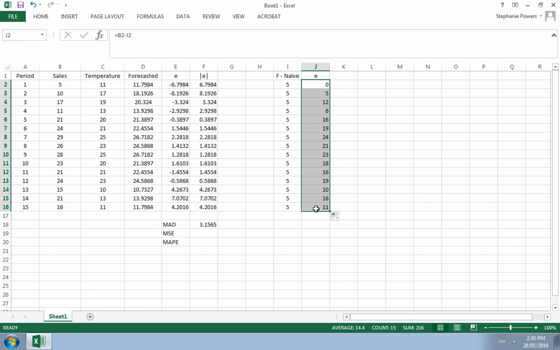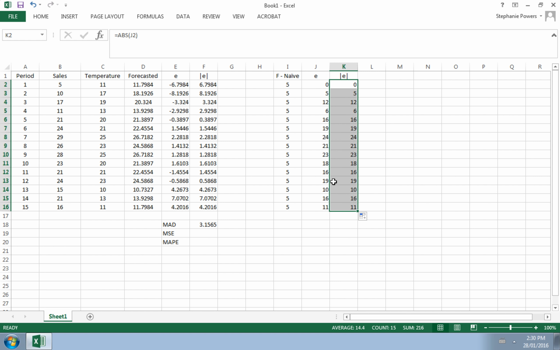To find the mean absolute deviation, we then find the absolute value of those errors, so equals ABS, open parentheses, and we highlight the forecasting error, close parentheses, and so we can drag that down.